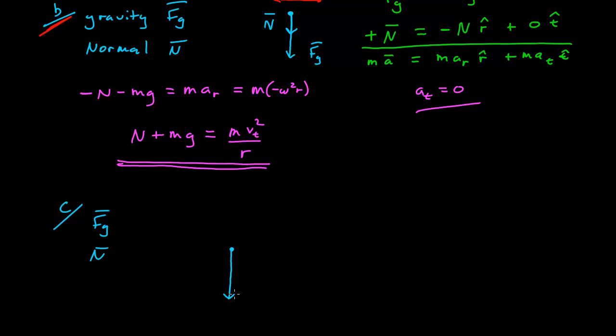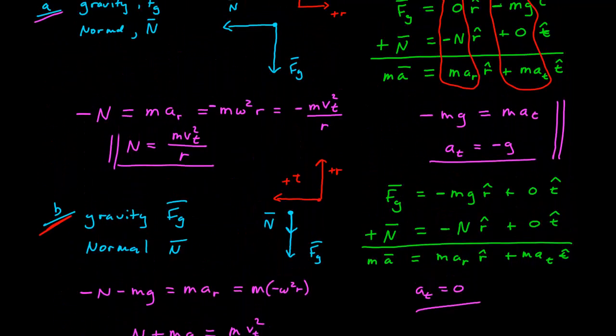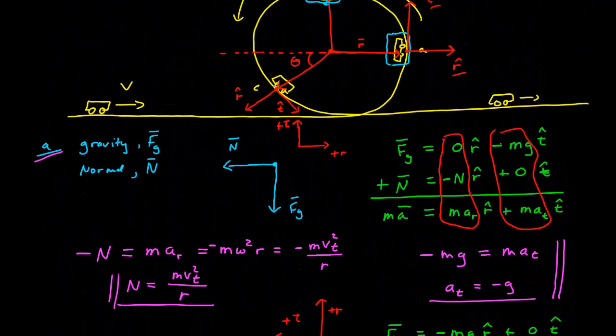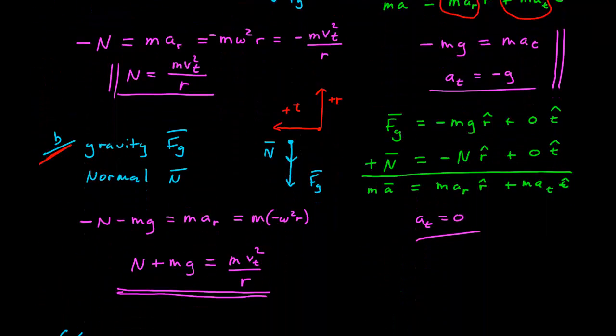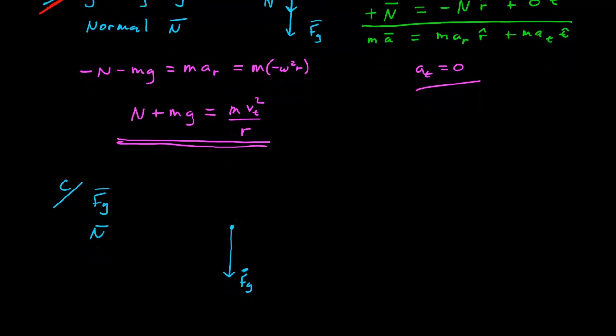So the force due to gravity is still straight down, but the normal force acts perpendicular to the surface from the agent to the object, so it's pointing off at an angle this way.